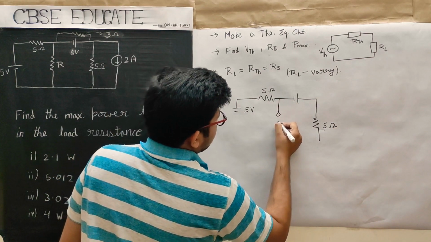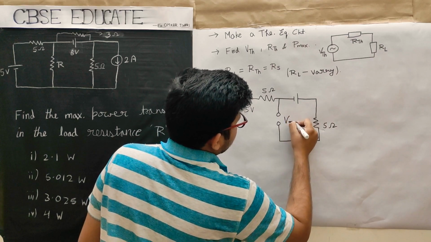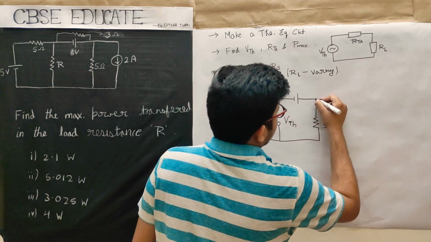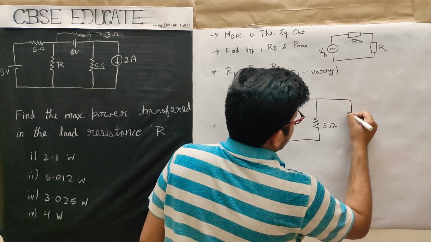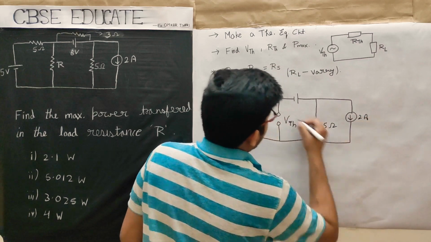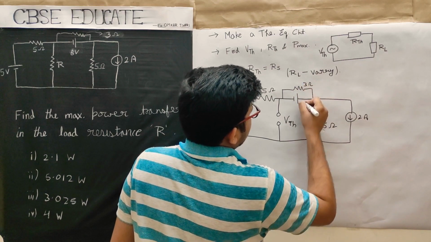This is open, so this will be VTH. This is a 2 ampere current source, this is a 3 ohm resistance, and this is a 6 volt voltage source.